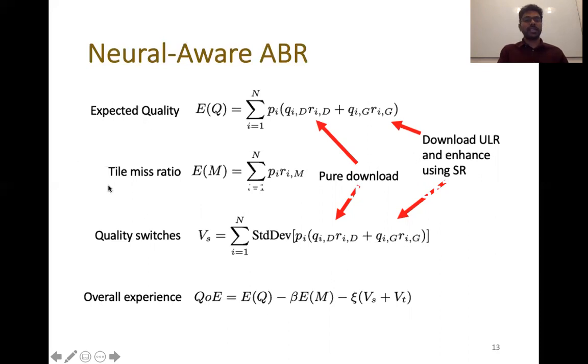And we also have this tile miss ratio in case of very inaccurate viewport prediction. And we also incorporate the quality switches spatially and temporally. So overall, the quality of experience looks like a combination of these QoE performance metrics.